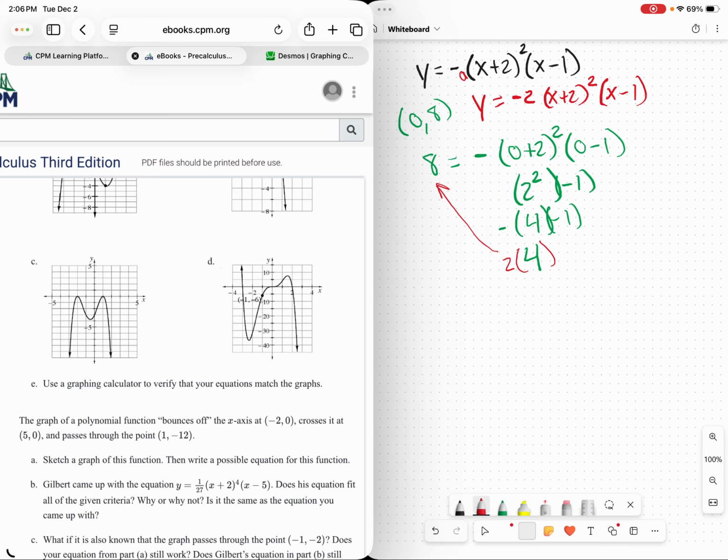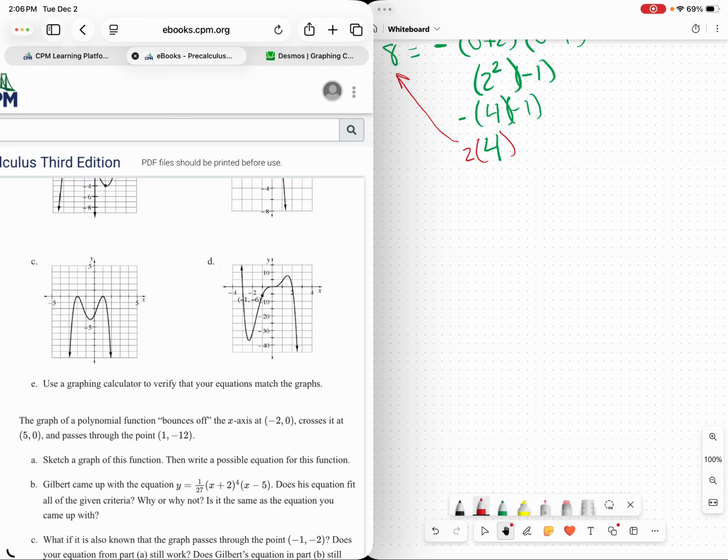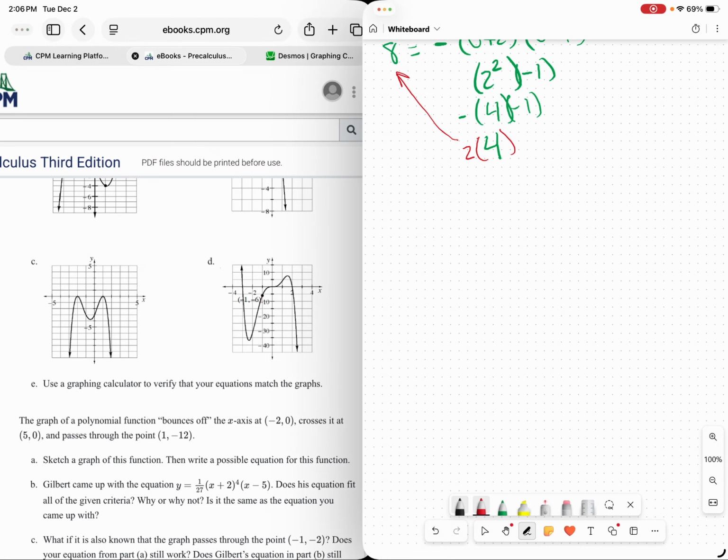Okay, so now let's do the same thing for C. So 4th degree, right? It's negative because it's down, down, right? So again, even degree, same end behavior, but we have 3 curves.